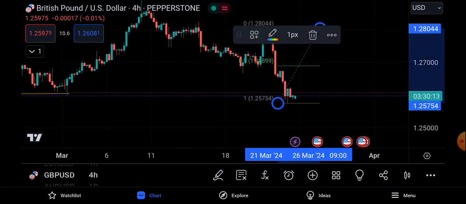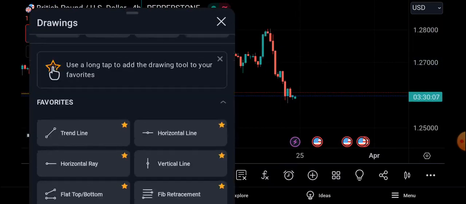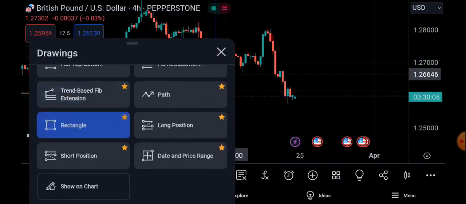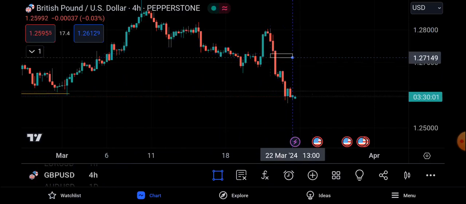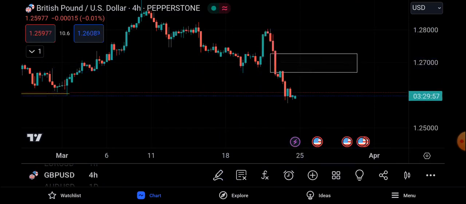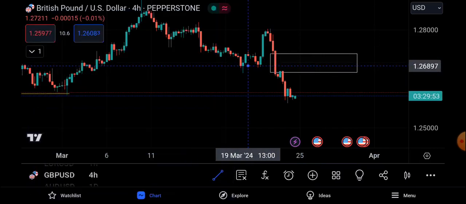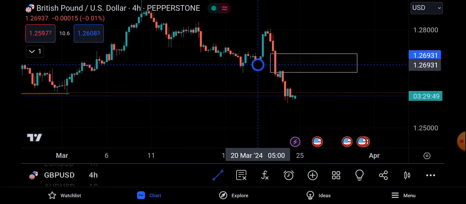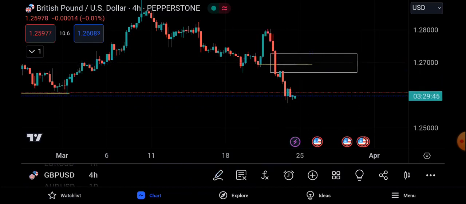Okay, so the fair value gap I will be looking at potentially will be this one. Reason as to why I'm picking that one is I see a breaker right here, so I'm going to mark that for a breaker block.